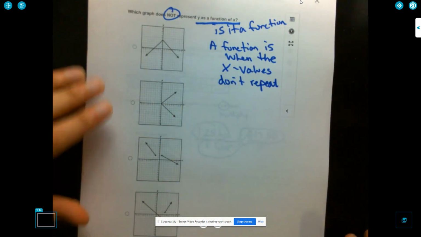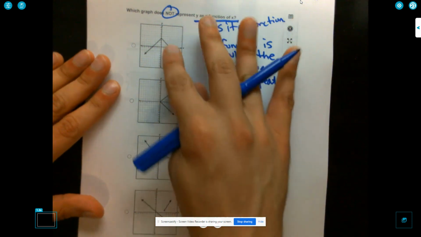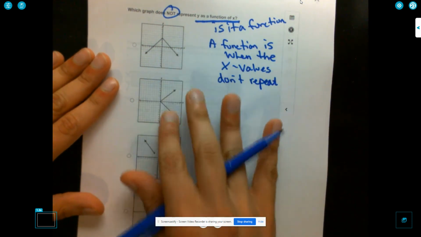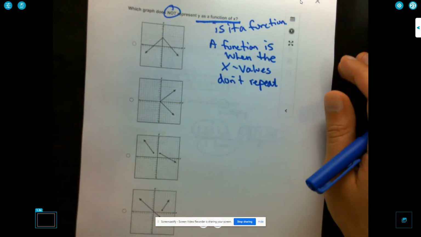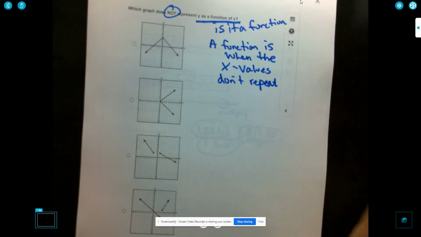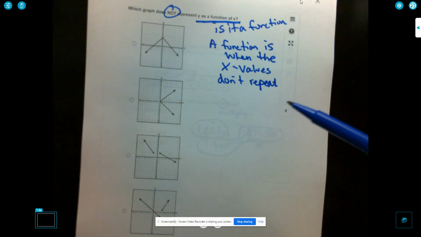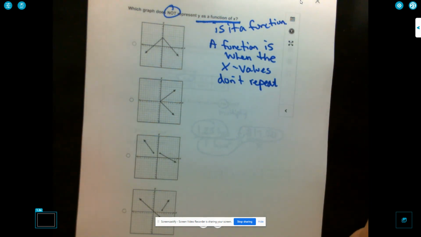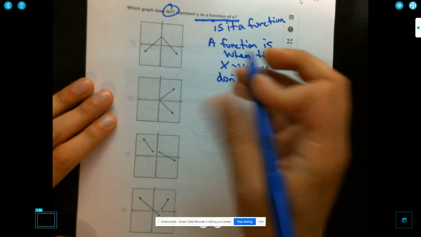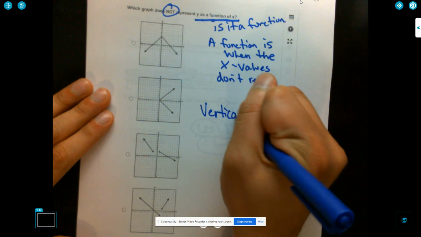So meaning that we have graphs, so we want to find out where the x values do repeat. Sorry, where the x values do repeat. And the way to do that for a graph is use the vertical line test.